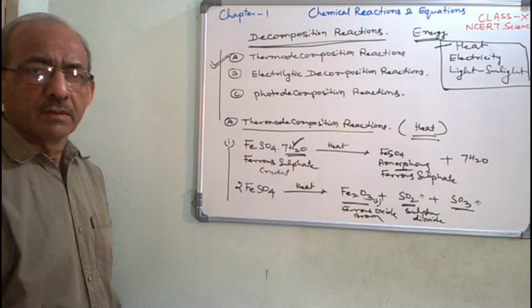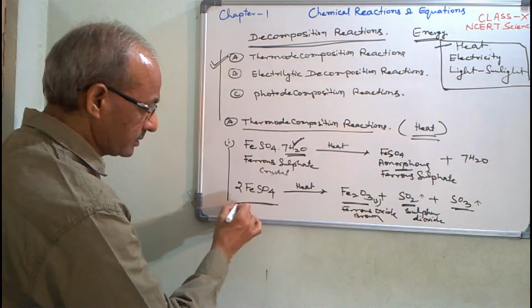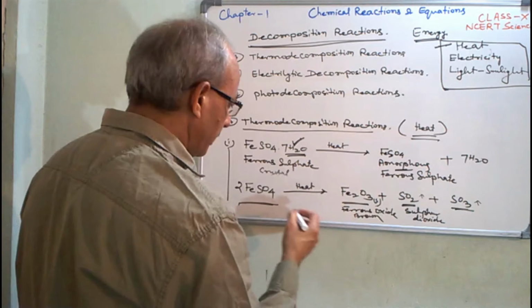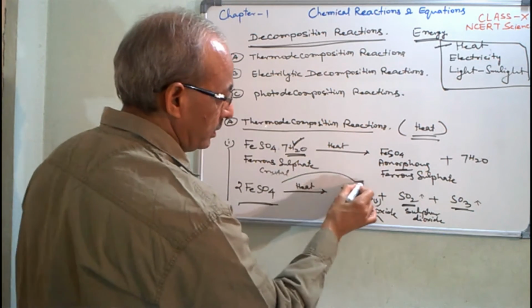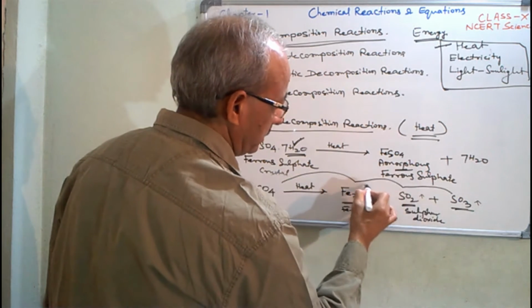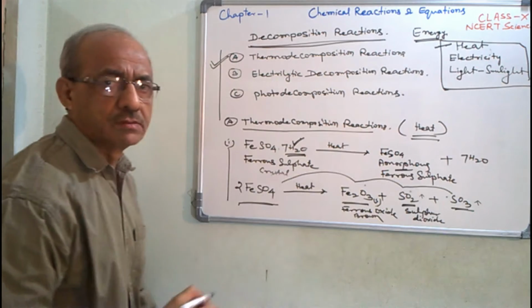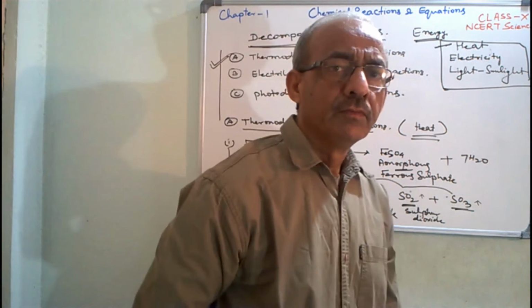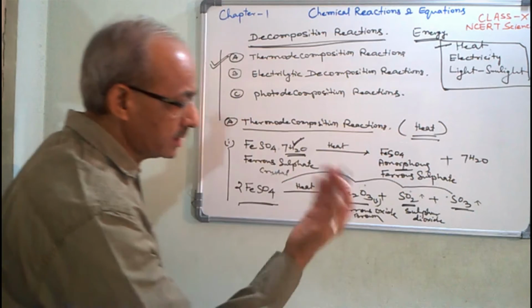In this chemical reaction, this single substance, ferrous sulfate, when heated, breaks into 3 substances. These are the 3 products. At the end of the chemical reaction, we are getting 3 simple products.